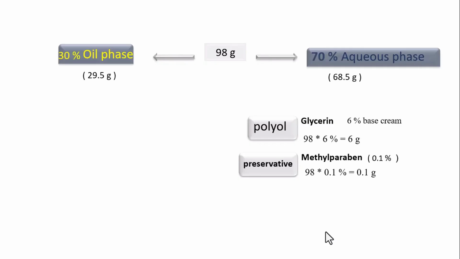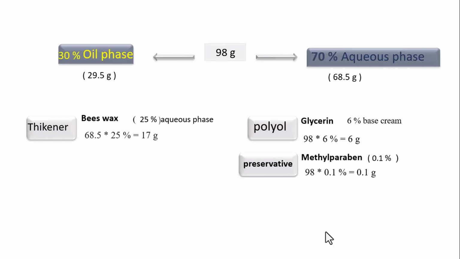In the oil phase, the first ingredient we use is the thickener. In this example, we're using beeswax. The percentage of thickener was 20 to 30% of the aqueous phase. In this example, we want to use 25% of the aqueous phase. How is that calculated?